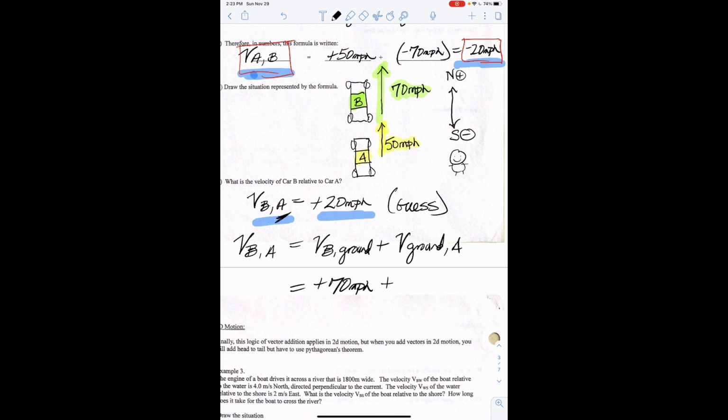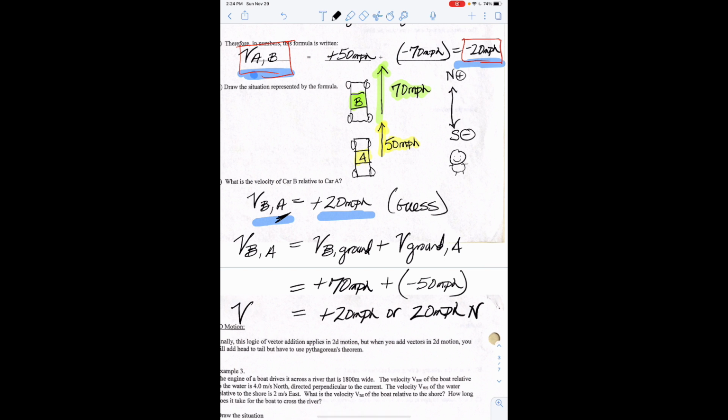Well, if you're in car A, which is a slower car, you would look down at the ground and see the ground moving away at 20 miles per hour to the south. So, 50 miles per hour to the south. And so this would be our negative 50 miles per hour. So we add the two together, 70 plus negative 50 is positive 20 miles per hour, or 20 miles per hour north.